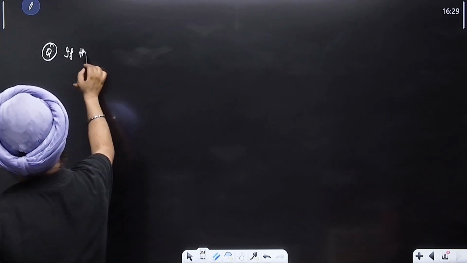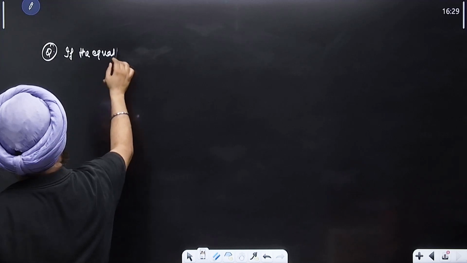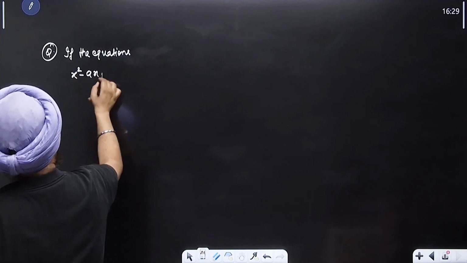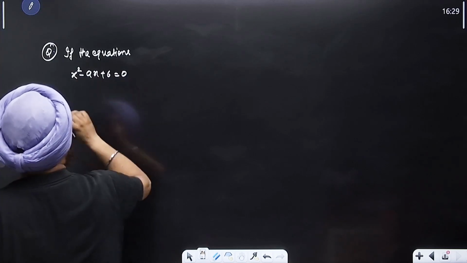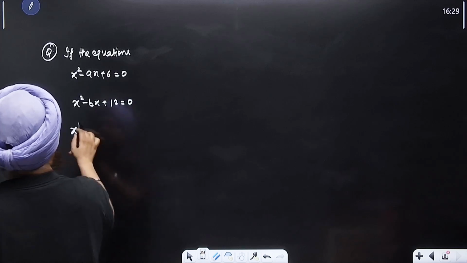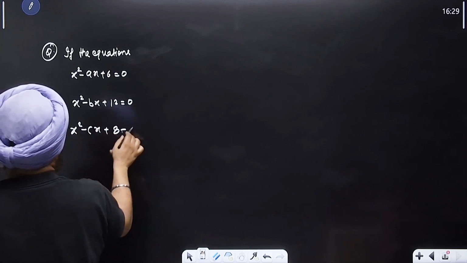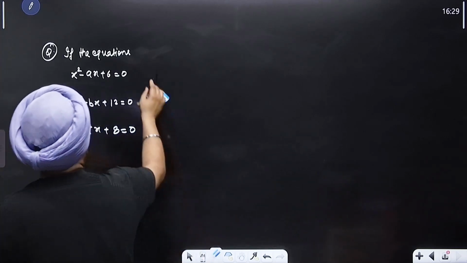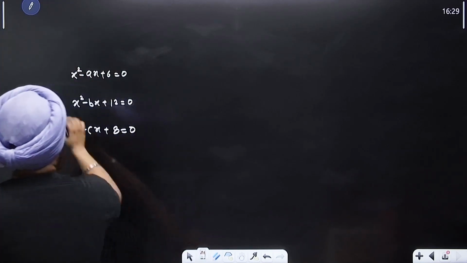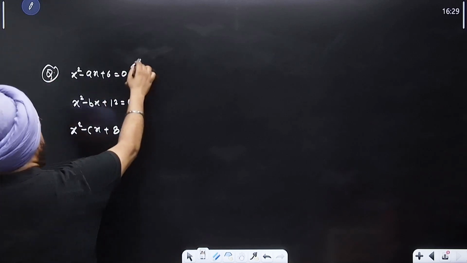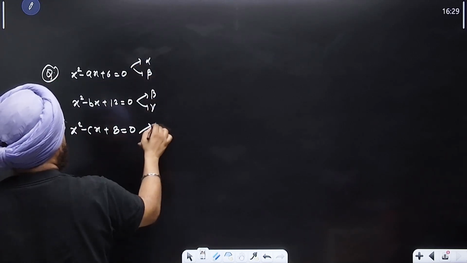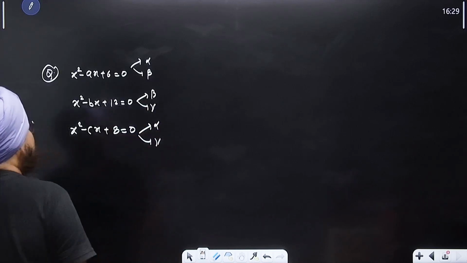If the equations x² − ax + 6, x² − bx + 12 and x² − cx + 8 are given, the first equation has roots alpha, beta, the second equation has roots beta, gamma, and the third equation has roots alpha, gamma.